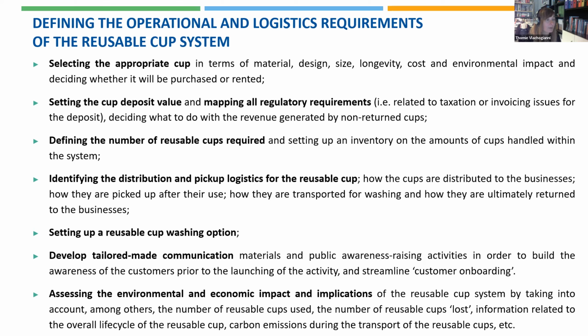Some businesses, for example, that give espresso would like to have a very small cup, while some other businesses that give, I don't know, juices, would like to have a bigger cup. So we need to find what kind of size would be the optimum size, or whether we should have a couple of cups with different sizes. Then how long the durability of this cup should be, because obviously if you select a better plastic material, there are different types of plastics, then this cup can remain in the cycle for a longer period of time.